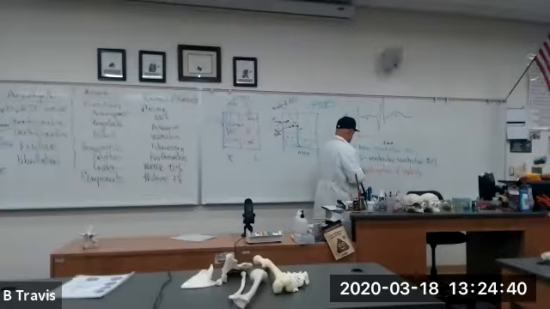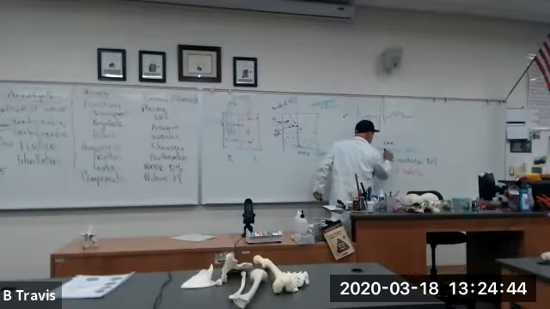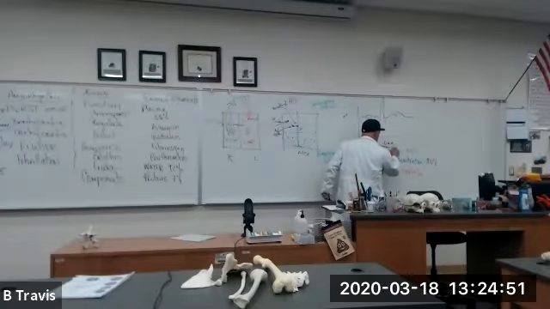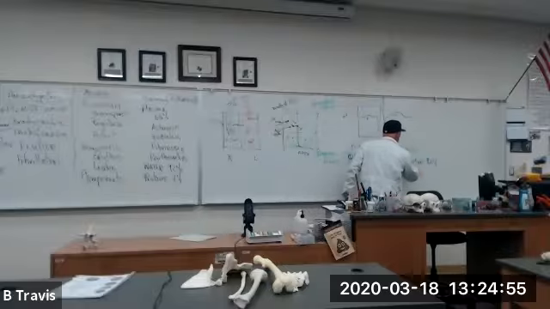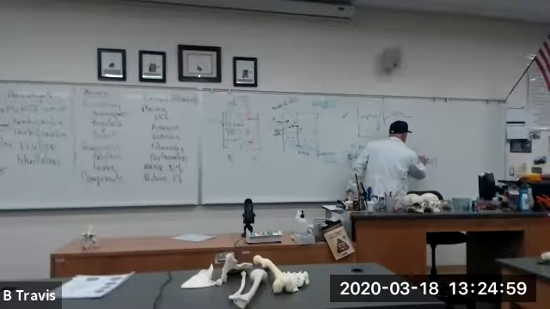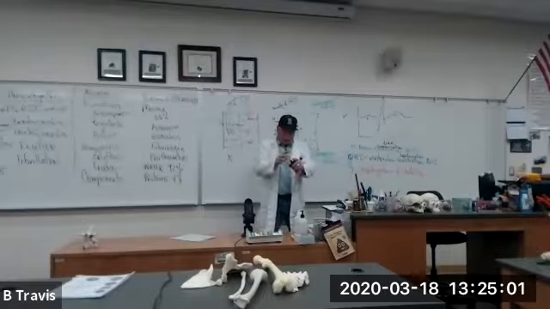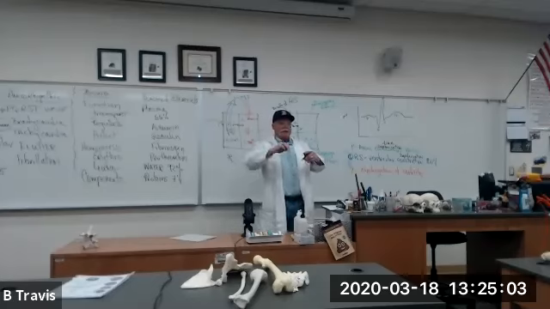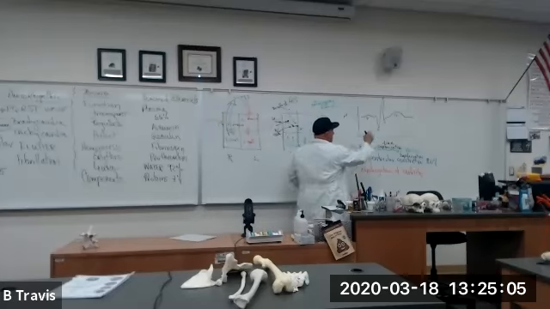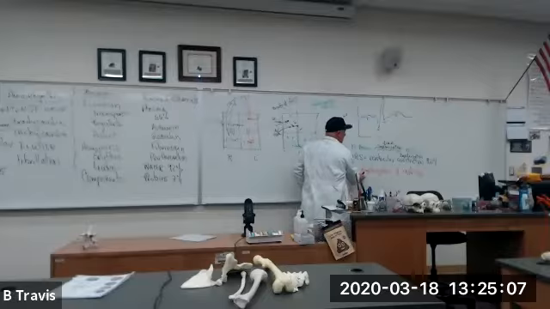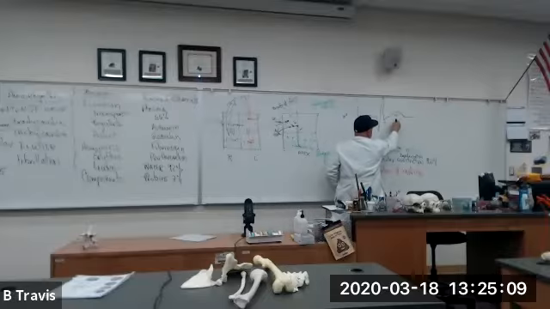I'll do it in black so you can see it. I said atrial constriction. It is also called depolarization. Ventricular constriction, depolarization. So once it's depolarized, now we have to repolarize it, and T is a measure of the repolarization of the ventricles.